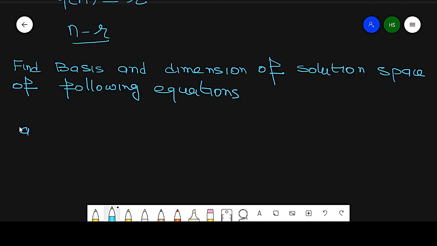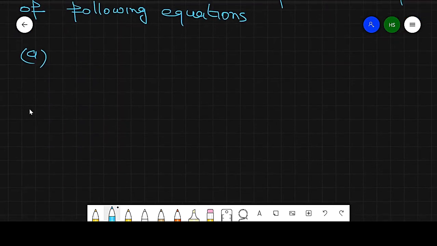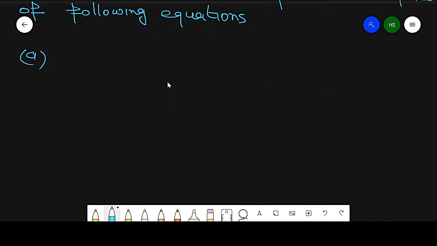The first is part A. The first equation is x plus 2y plus 2z minus s plus 3t equal to 0.